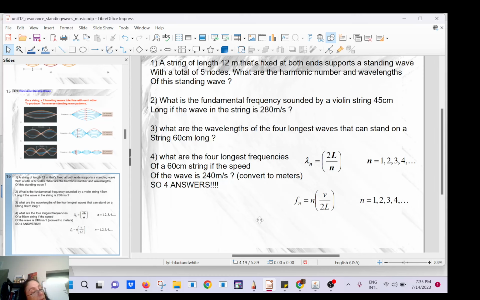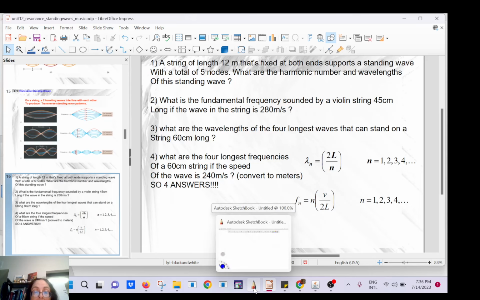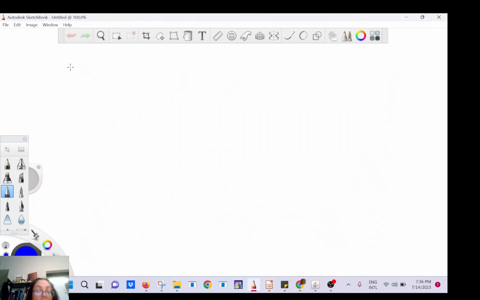And the next one, see, I do the next one. Frequencies. So they want the frequencies now. The speed is given. So speed equals 240 centimeter per second.